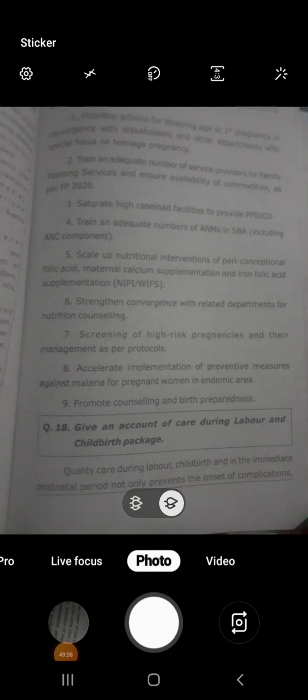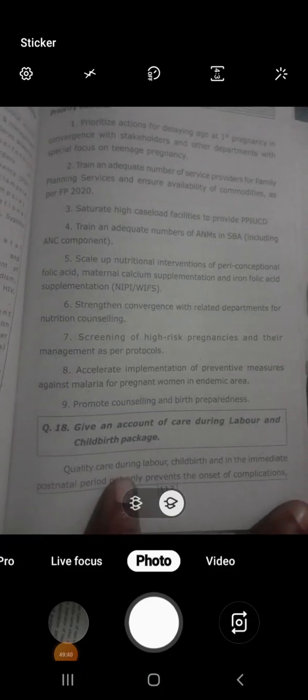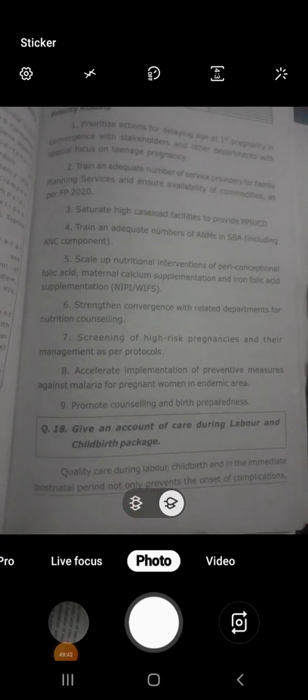And next, we have the care during labor and childbirth package. Quality care during labor and childbirth, and in the post-natal period, is important for complications, we can say. Early detection, coverage of institutional births, and also this period is a key factor.